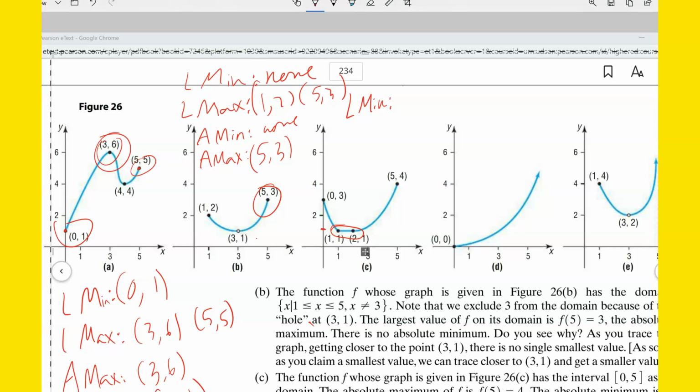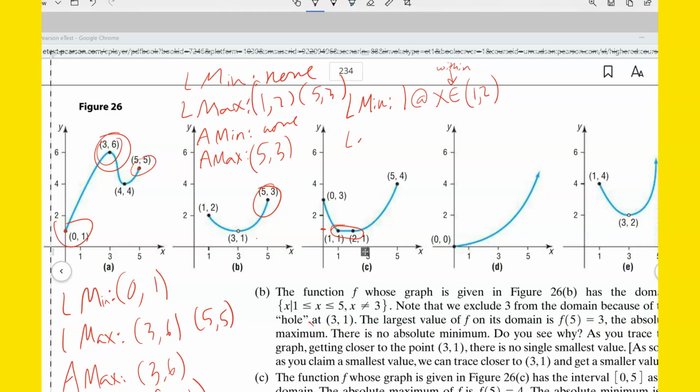So we have a local minimum of 1 at x within this interval. That little symbol right there means within the interval 1 to 2, when x is within the interval from 1 to 2. So we have a local minimum of 1 when x is between 1 and 2.